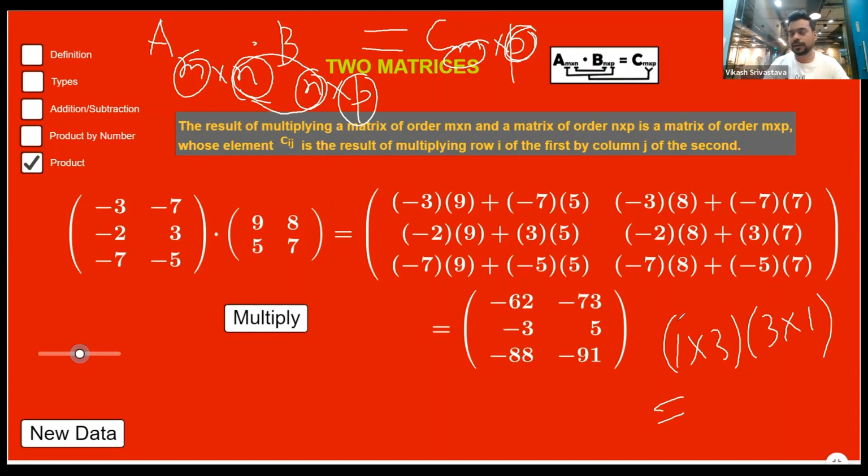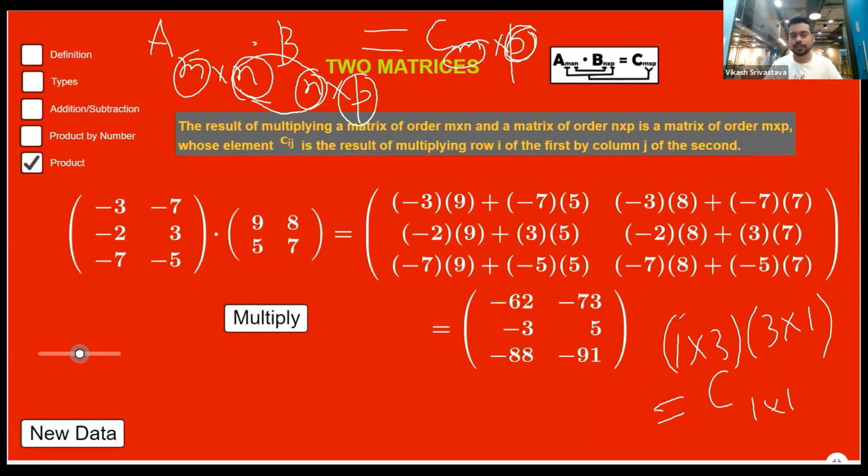Our final matrix was of course a number, but we can denote that number as a matrix of order 1 cross 1, because it has just one row and one column.